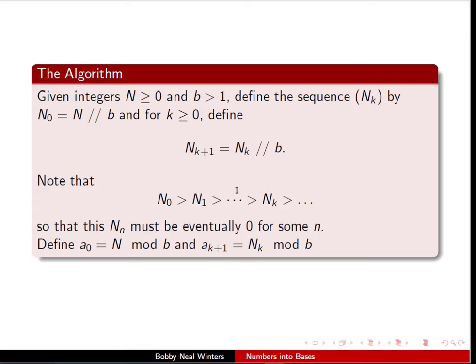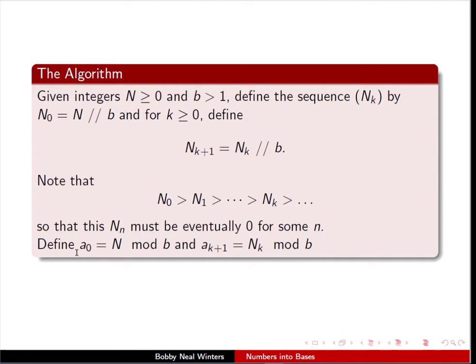Note that we're dividing by a number that is bigger than 1, and so at every stage these numbers are getting smaller. That means there must be some n sub n that will be equal to 0, and when we hit a 0, we'll stop there.